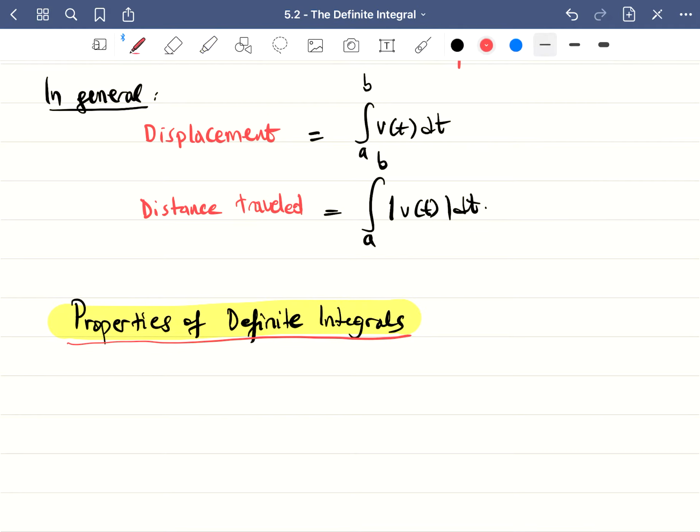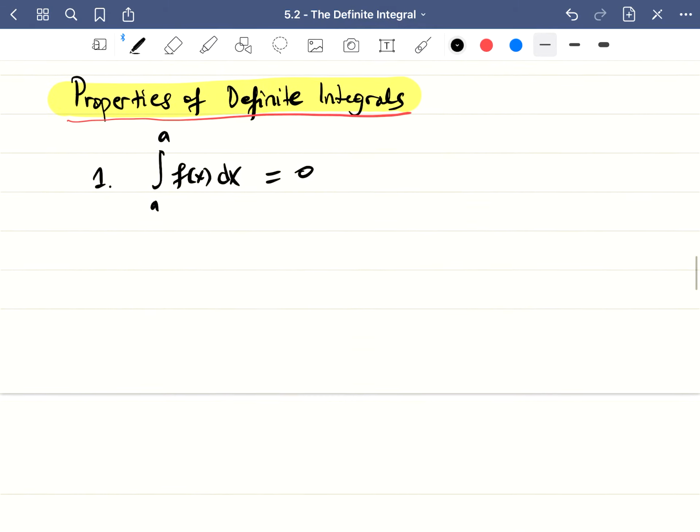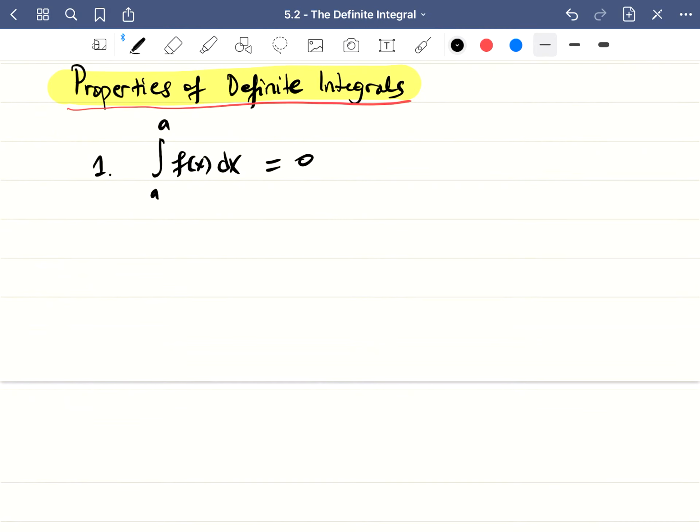Okay, so the first property says that if you integrate on a point, so from A to A, so basically you don't move on the x-axis at all, then the integral of any function, as long as this function is defined on A, is equal to 0. Okay, that should be very clear because there is no area of a line segment.